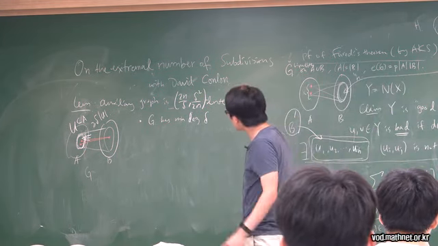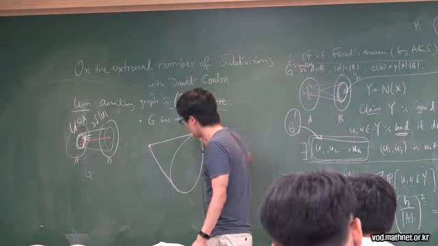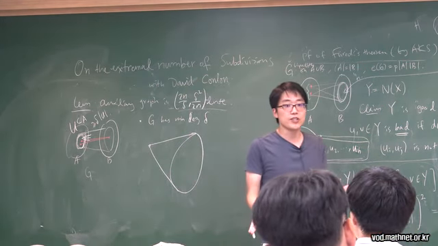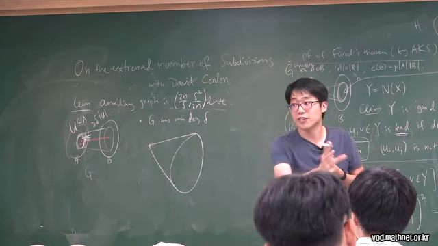So my graph is that much dense, and what I'm going to do is the standard Ramsey type argument to find the KT, which means I just pick one vertex and look at its neighbors.